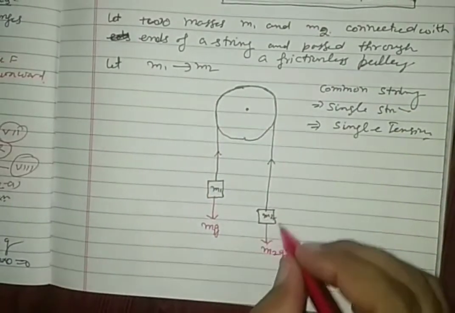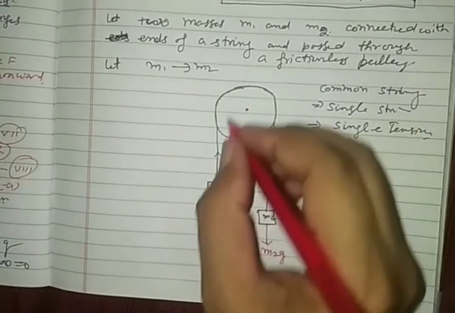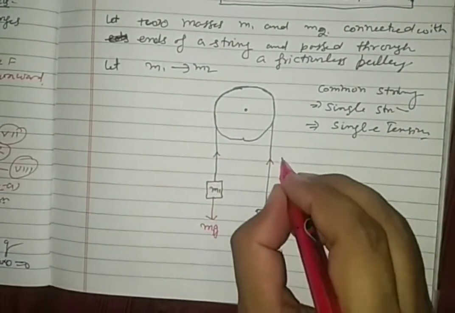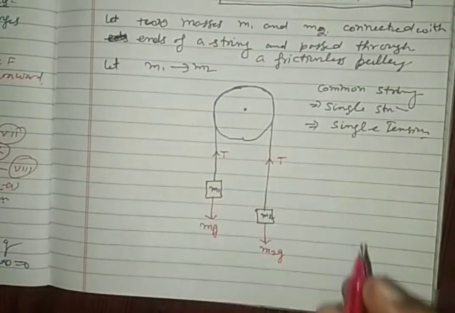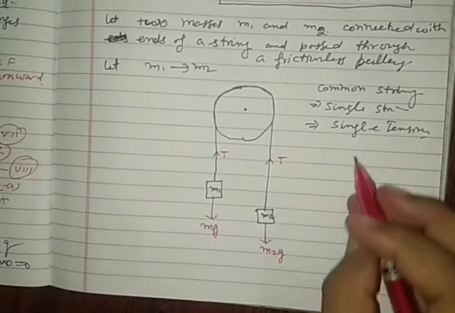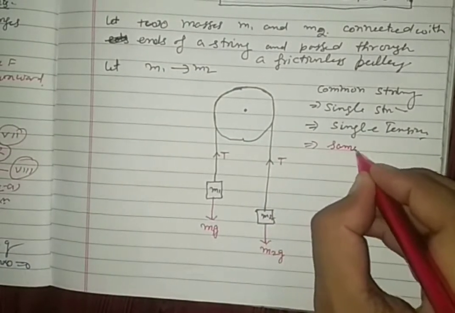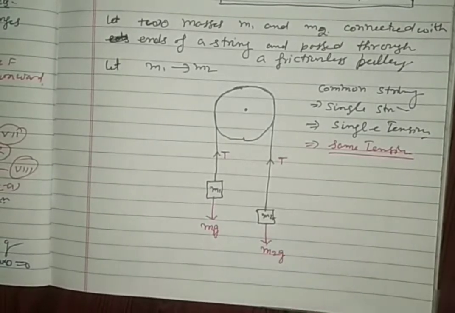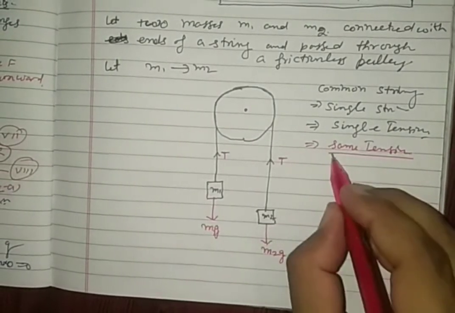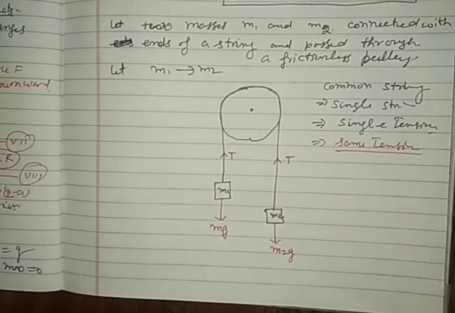But this is a common string passing through a frictionless pulley, so in that condition the tension produced in both parts is the same. So single tension, same tension, common tension in this string.